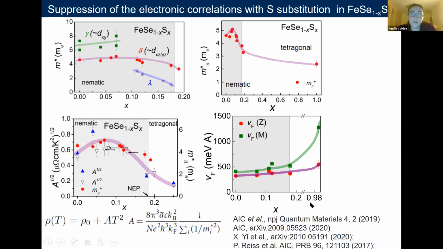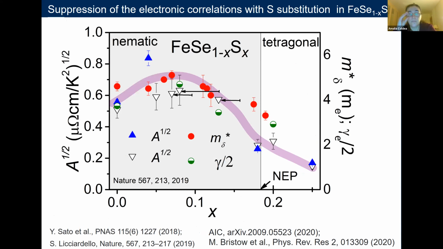Also from ARPES, one can probe different velocities, and they have a smooth variation across the nematic endpoint. And in this graph, I also added the data of all the possible experiments existing on the series which probe the electronic behavior of the system. So we have the effective masses from quantum oscillations, red points.